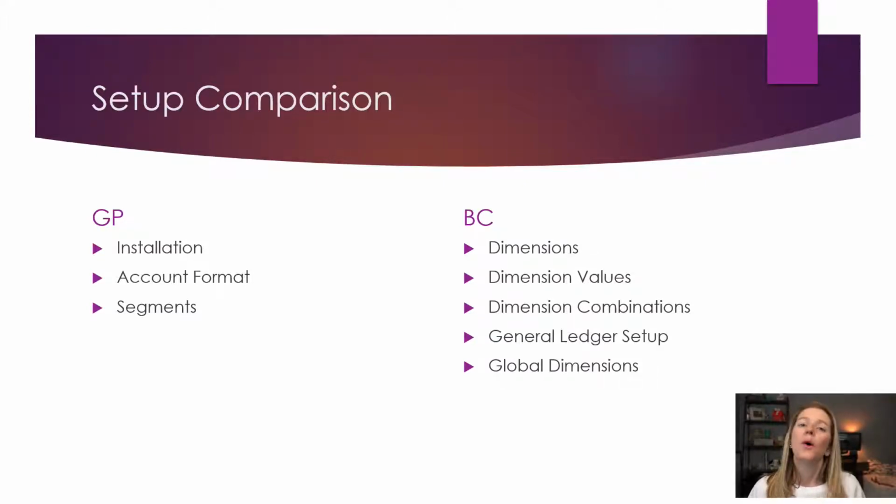In GP, once you do that install, you of course go through and do the account format. When I'm doing the account format, that's when I choose my segmentation structure on the accounts.